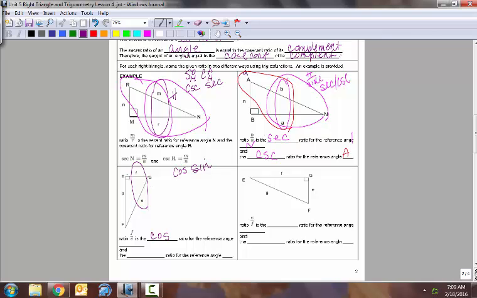For which angle? Well, that would be angle E, right? The side adjacent over the hypotenuse. And then it's going to be the sine ratio for the other angle, for reference angle F. See, both of these things change when we're talking about cofunctions.